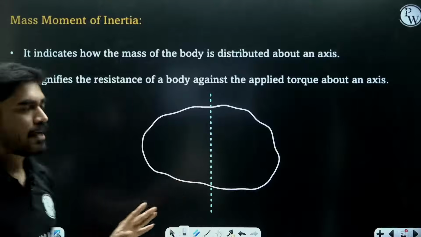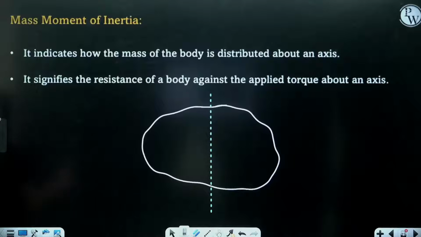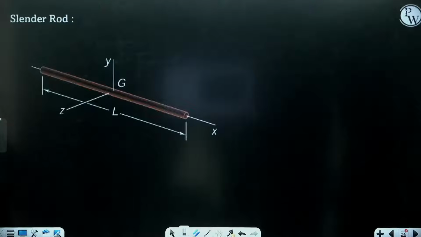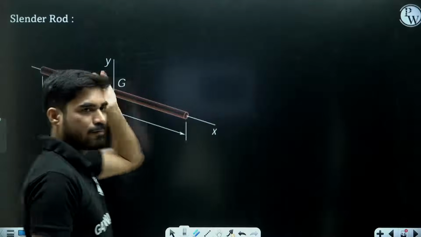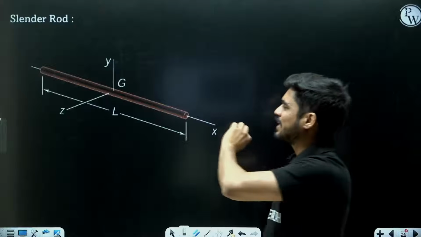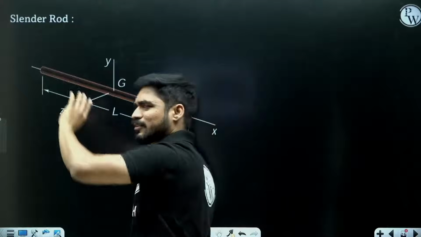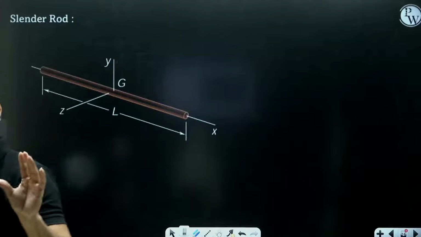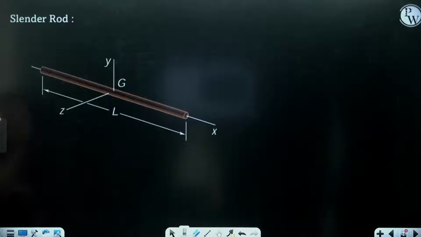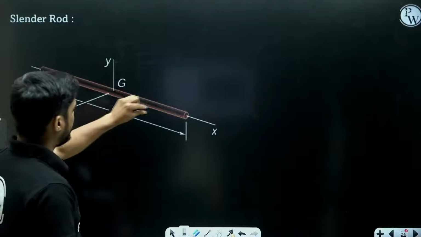Now you have to remember the formula of mass moment of inertia in different cases. The first case is the case of a slender rod. A slender rod is a rod whose length is very large compared to the cross section.